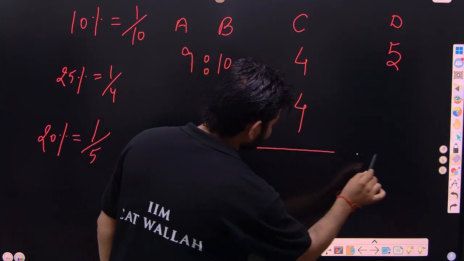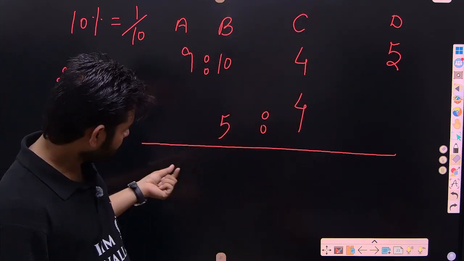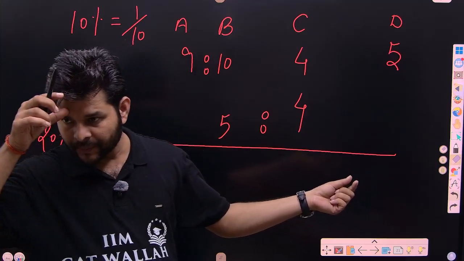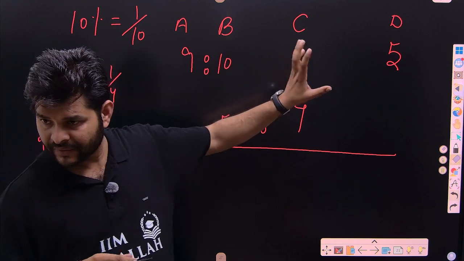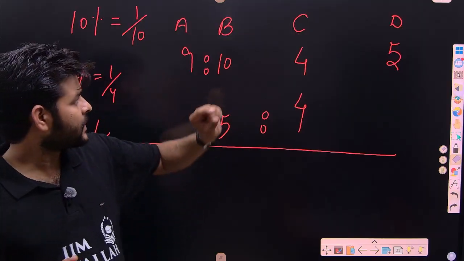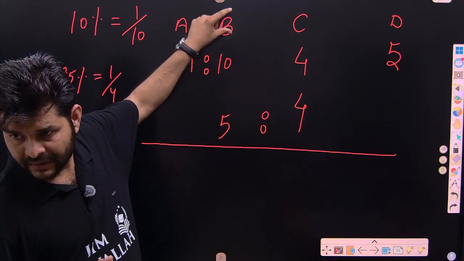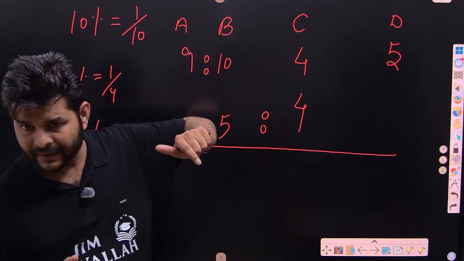Now, what is the problem over here? I want to find out the ratio of A, B and C and note it down over here. But the problem is B has two different values, while C has a single value. So I first need to make the values equal, because if it is the same person, that would contain the same value.